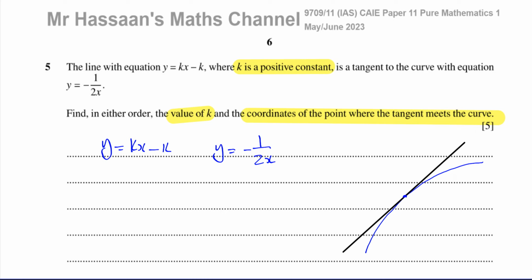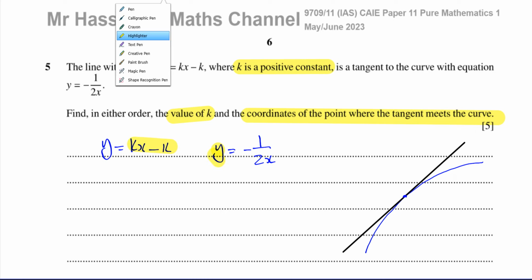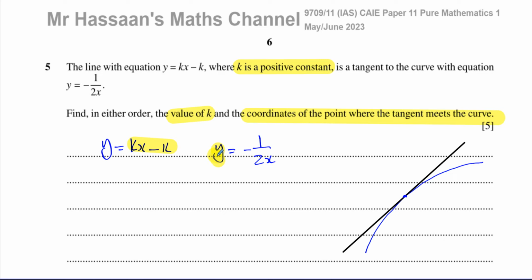A lot of people will say, oh, equate them, which in this case works fine. But just for a more general understanding, what you actually are doing is replacing the y in this equation by the kx minus k. You are substituting one of the equations into the other, and that will tell you where they intersect. So I'm replacing this y with kx minus k. So I'm going to have kx minus k is equal to negative 1 over 2x.